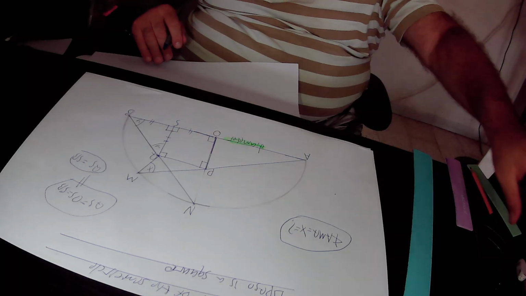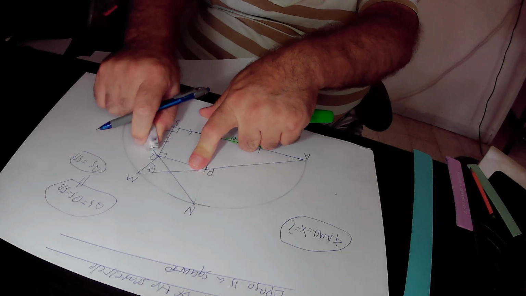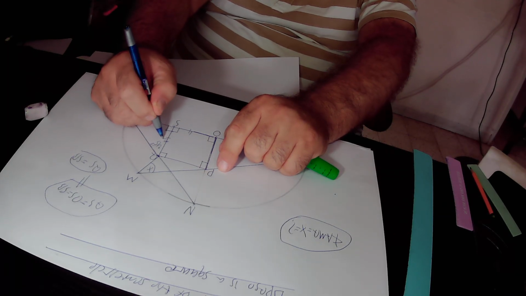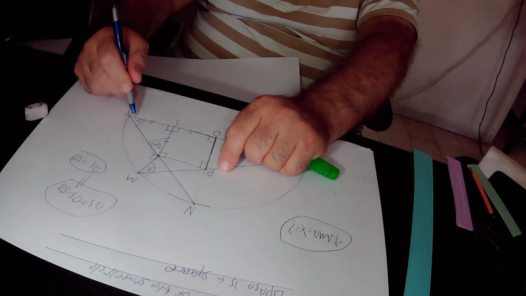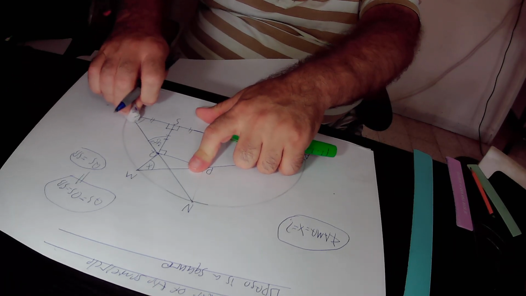So this is the missing angle y, that equals to 45 degrees in its size. This is also the missing angle y, it equals to 45 degrees in size.